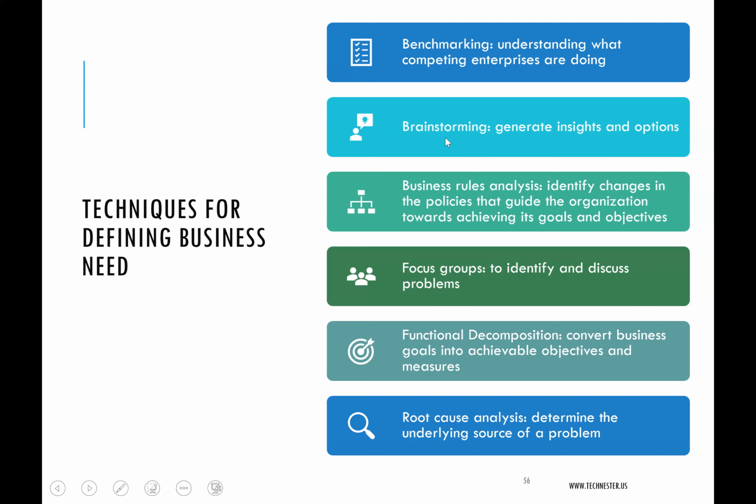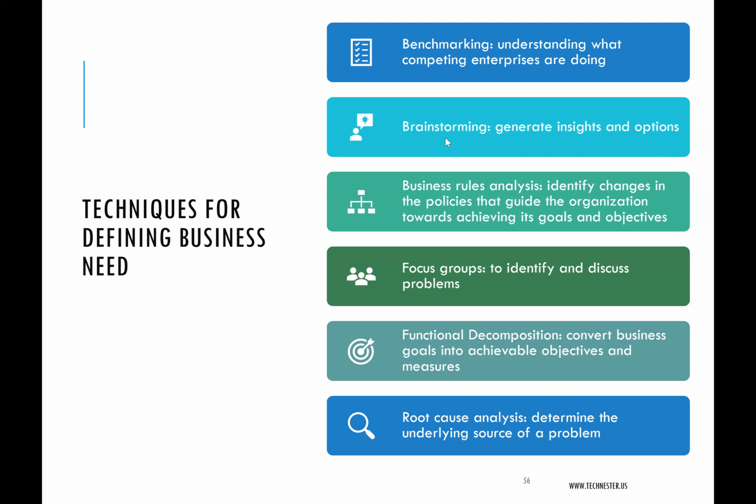Okay, so I mentioned that in this conception phase, in this strategy analysis phase, where we are still trying to come up with an idea that would lead to a project that would go through the SDLC, there are 5 components to strategy analysis. The first one is defining the business need.